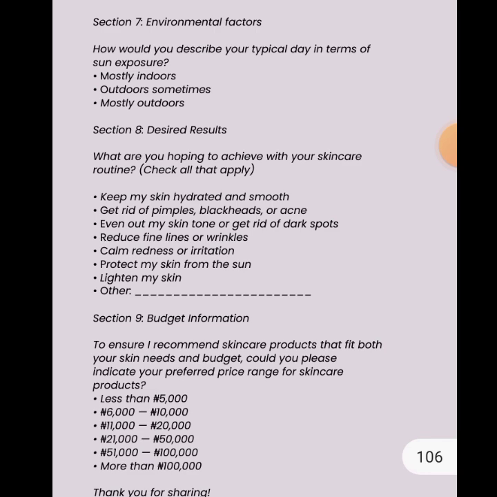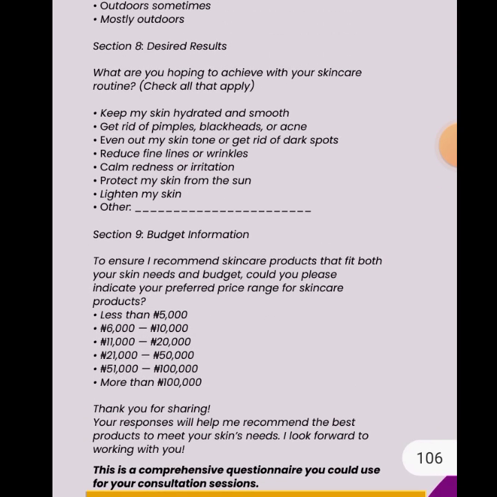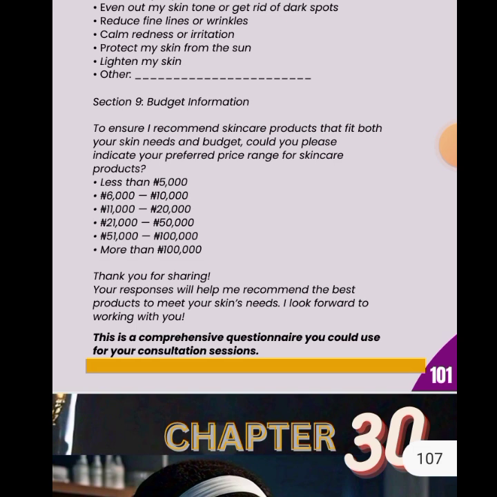Then the last question here is about their budget. How much are they planning to spend? Because there are so many products in the market depending on the amount of money you have. So we have budget ranges here, and they choose whatever range they can afford. You have less than 5,000, 6,000 to 10,000, 11,000 to 20,000, 21,000 to 50,000, 50,000 to 100,000.